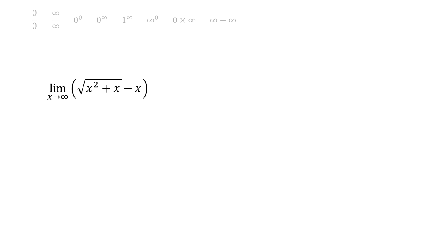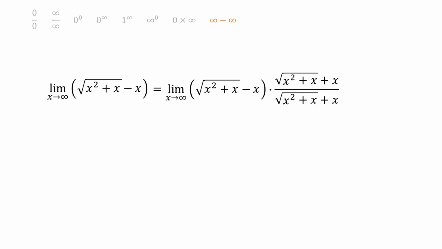For our final indeterminate form, let's consider the following limit. It's easy to see that both the square root and the term x tend to infinity as x tends to infinity. Since we don't know which one grows faster, this is an indeterminate form of type infinity minus infinity. To solve this limit, we start by multiplying and dividing by the conjugate.